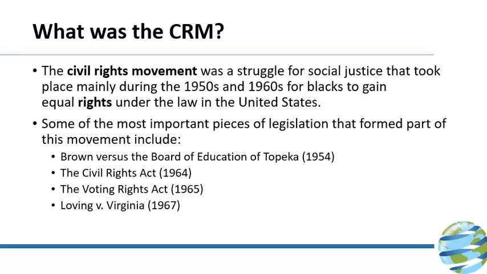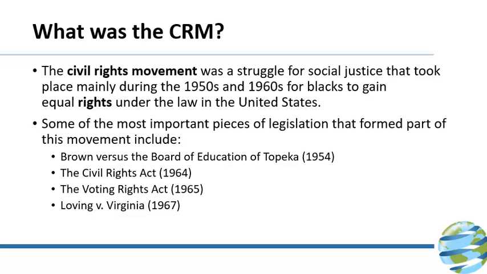Some of the most important pieces of legislation that formed part of this movement include things such as the Brown versus the Board of Education of Topeka judgment in 1954. This said that the doctrine of separate but equal is no longer legally viable.